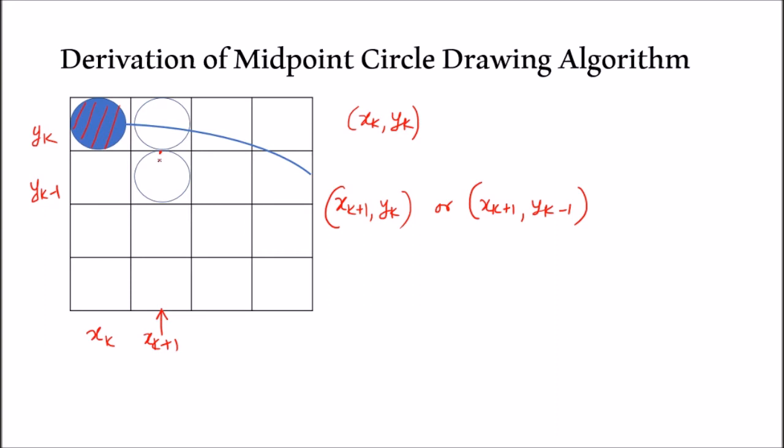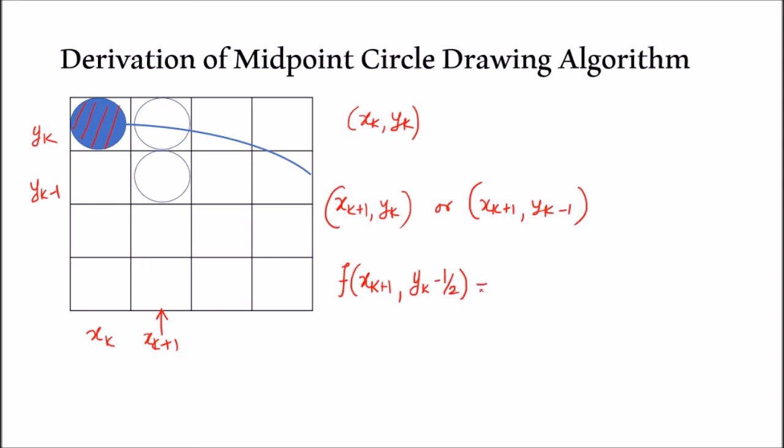Now what are the coordinates of the midpoint? The coordinate of the midpoint is x of k plus 1, y of k minus 1 by 2, because pixels are separated by distance 1, so the midpoint will be at 1 by 2. Now we will write the circle equation at the midpoint x of k plus 1 comma y of k minus 1 by 2.